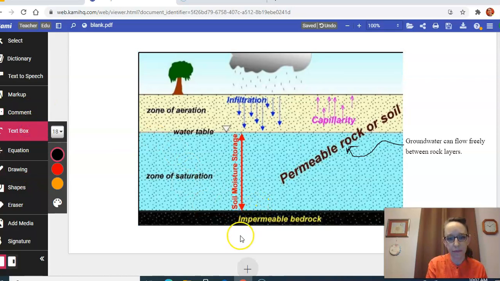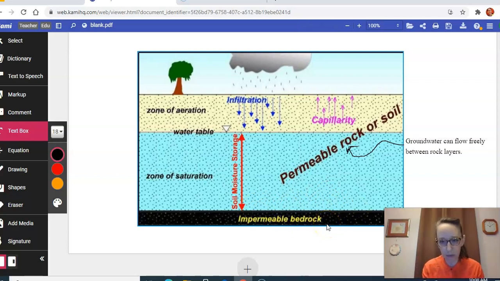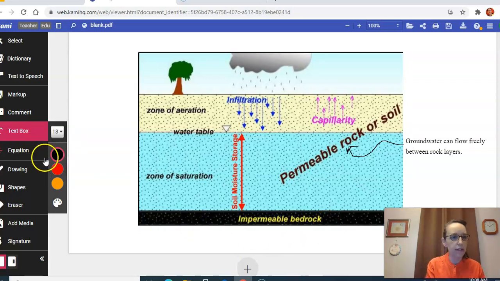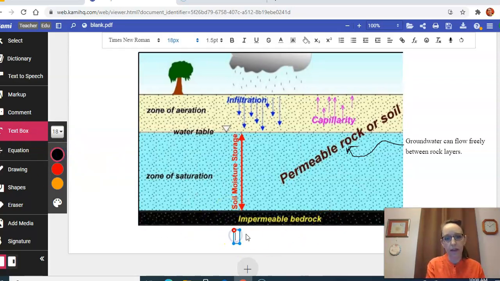So clay is an impermeable type of soil, okay, it does not allow the water to flow through. So when there's clay, the water is going to sit on top of it, okay? And now there are some pores in clay, but they're so teeny tiny, they're not connected. All right, so let's put my text box out here, okay?